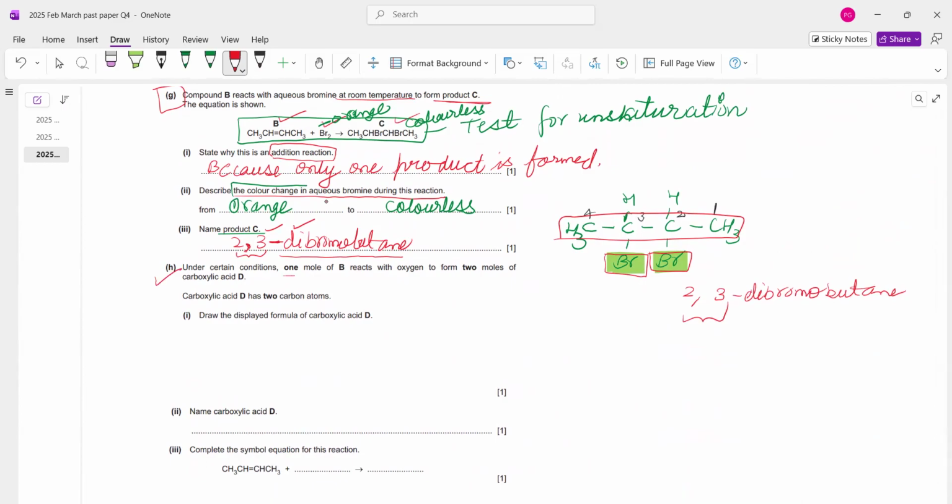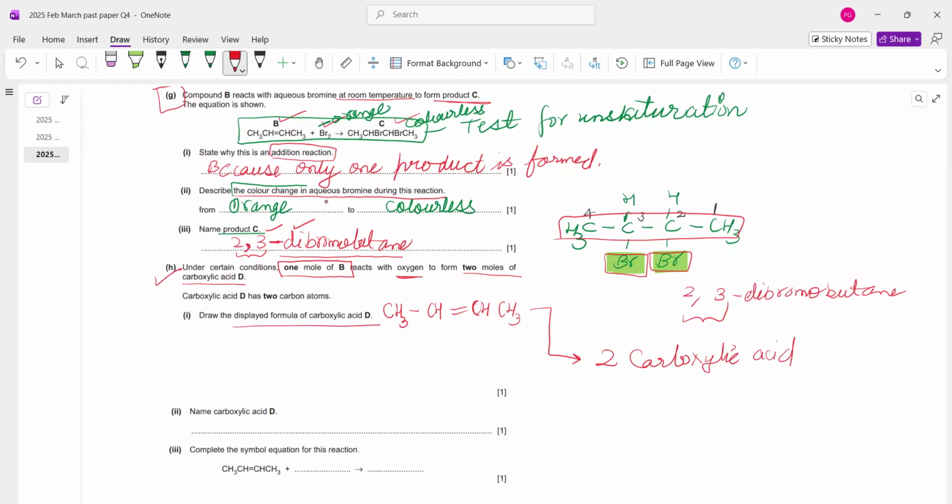Under certain conditions, 1 mole of molecule B reacts with oxygen to form 2 moles of an acid. So, okay, this is B. They're saying this is reacting with oxygen, and what it is producing is 2 moles of a carboxylic acid, and they want us to draw the displayed formula of the acid.